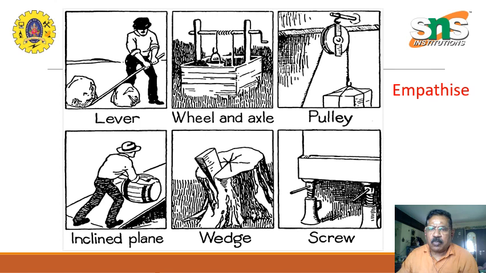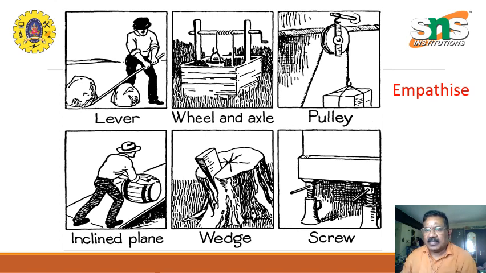Just to empathize why automation is required: man is a lazy animal, and he would like to make machines work for him. The effort put in by the human, we would like to reduce it, and we would like to make the machine work for us. Initially, there was a big rock of stone that you would like to move.